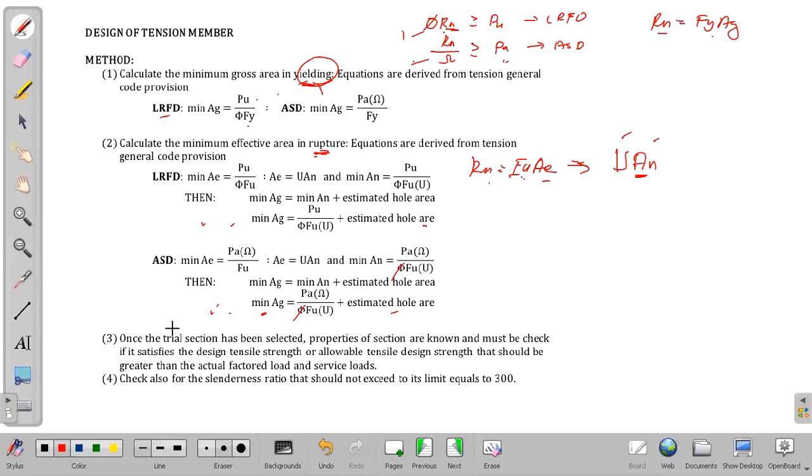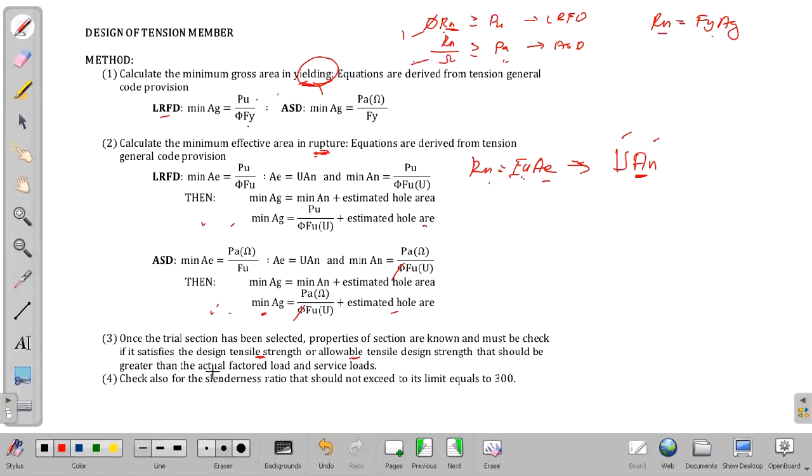So you now have to select your trial section based on the areas computed from yielding and from rupture. Once you have the trial section, the properties are known. Next, you have to check if your trial section satisfies the design strength, if the LRFD method was used, or the allowable tensile strength if ASD was used.